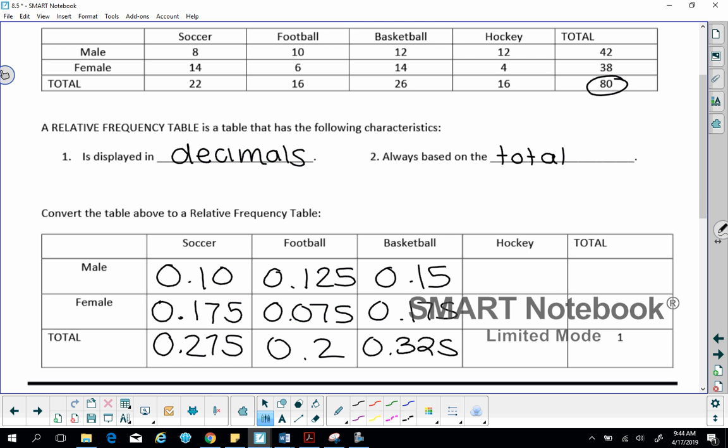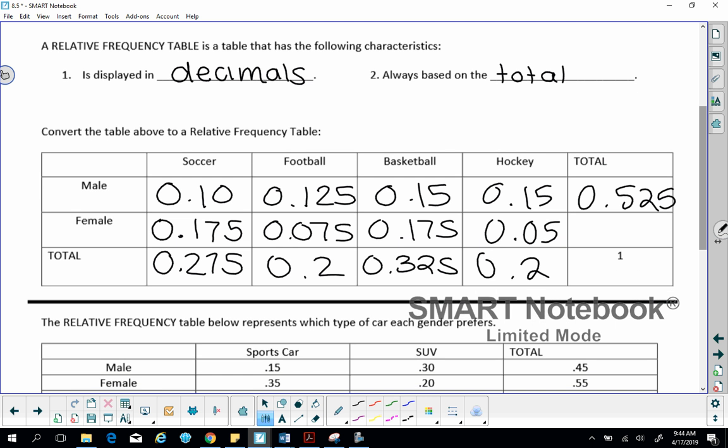Good, 0.325. Kamari, what did you get for the next one? The hockey one? 0.15. Michael, what did you get for the next one? Good, 0.05. Jocelyn, what did you get for this one? 0.2. Brandon, what did you get for this one? Good, 0.525. And then Angel, what did you get for this one?